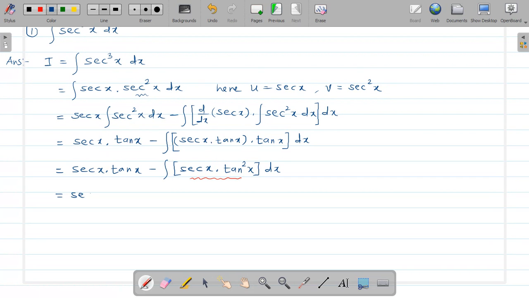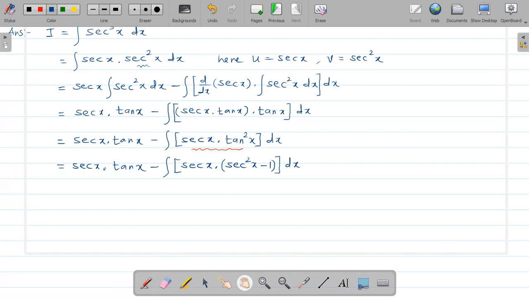So sec x into tan x, this step as it is, minus integration. Now in this bracket, I will keep sec x as it is, and tan square x can be replaced by sec square x minus 1 by the fundamental identity. Okay, so see this step carefully, very important.